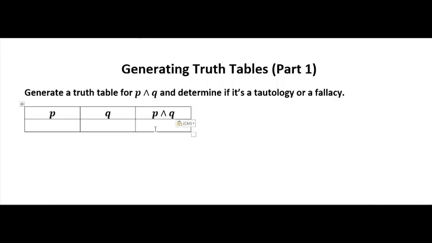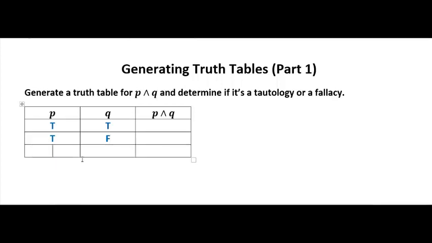You generate a truth table by considering all of the possibilities for the initial variables. I don't know their truth values, but I could guess that it could be possible that both of them are true. But that is not the only possibility. Maybe the first one is true and the second one is false. Or it could be the opposite way: the first one false and the second one true. Or both could be false.